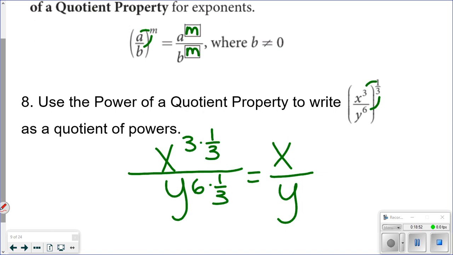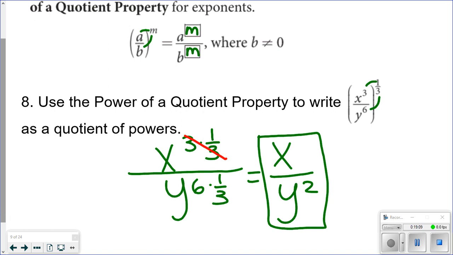If I multiply by 3 and divide by 3, these cancel. We're just left with 1. And then 6 divided by 3 is 2. So x divided by y squared is my final answer.